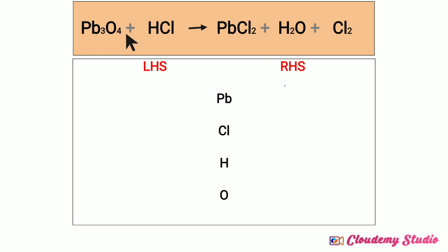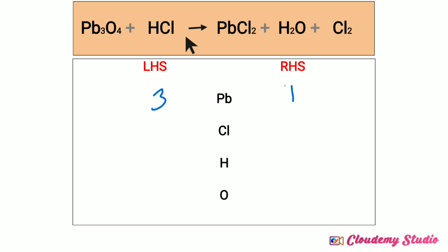In Pb3O4, this 3 belongs to lead. But the lead on the right hand side is only once.